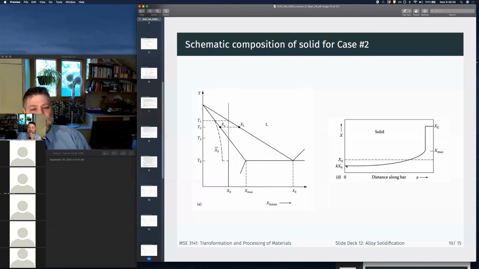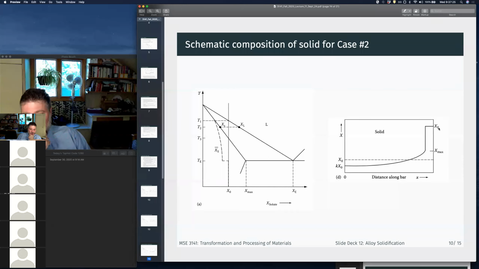So even though my average alloy composition should freeze into the single phase region, when I hit my eutectic here, I actually freeze into this eutectic region and now have a two-phase mixture out here at the end of my bar.